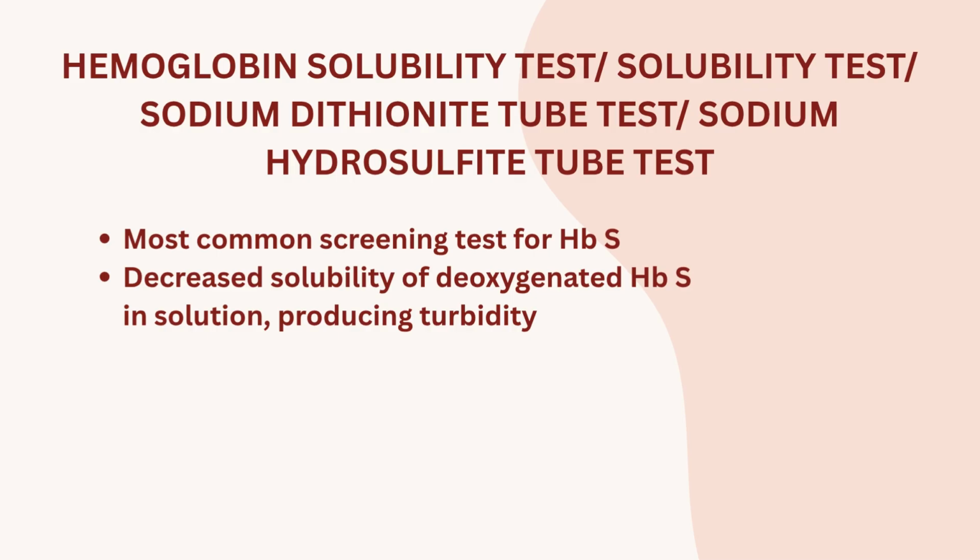Either of these are the different names of the test, but these are just the same. This is the most common screening test for hemoglobin S, or your sickling hemoglobin. It relies on decreased solubility of deoxygenated hemoglobin S in solution, producing turbidity.